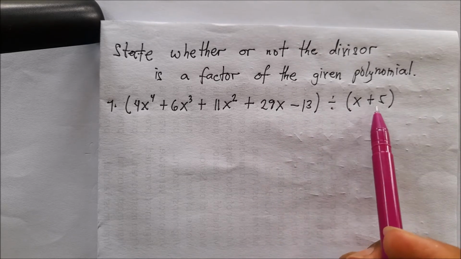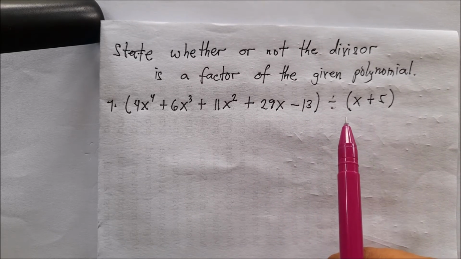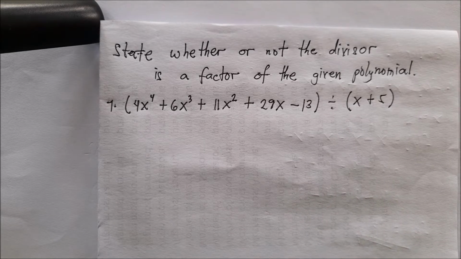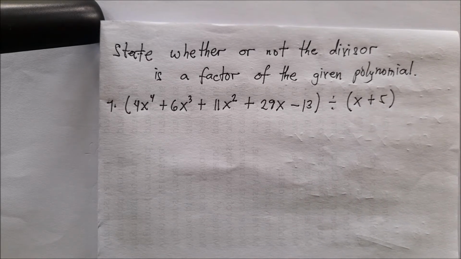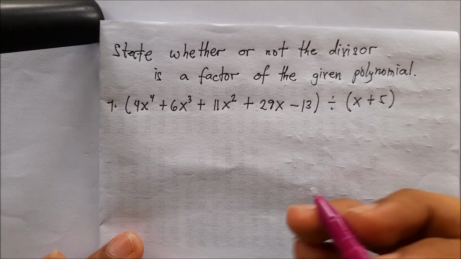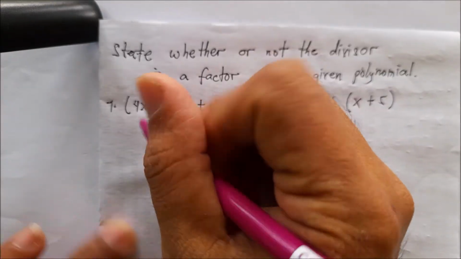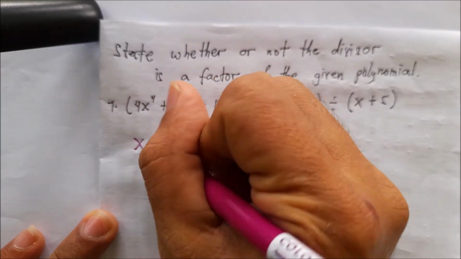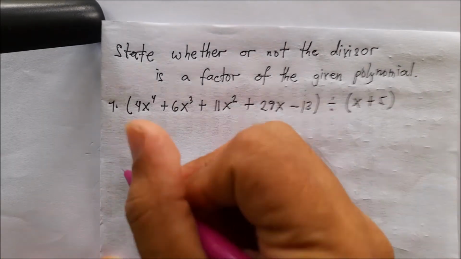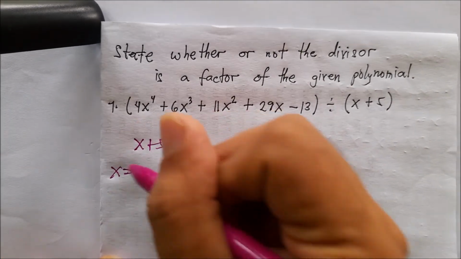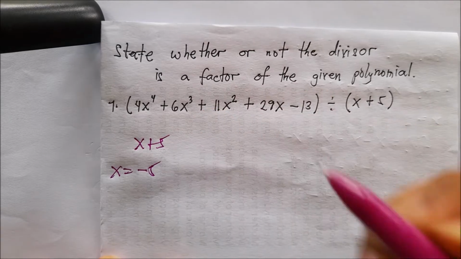Divide by x plus 5. How to find the value of x? You need to transpose this divisor, x plus 5 equals 0, so x equals negative 5.